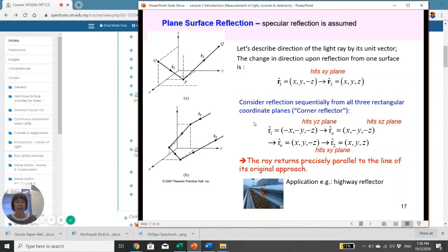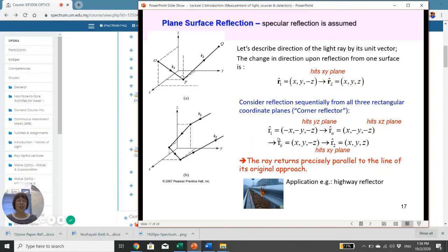Now, if you look at this, the incident ray hits the YZ plane, and then it gets reflected, and now it hits the XZ plane, and then it gets reflected from here and it hits the XY plane, and then it exits.